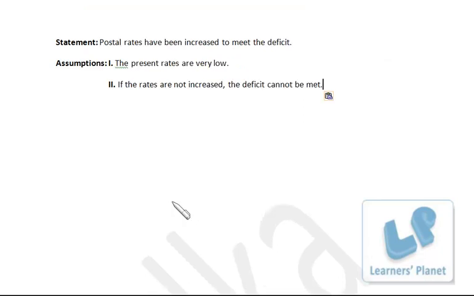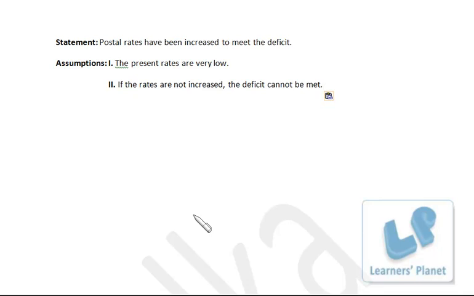Postal rates have been increased to meet the deficit. Assumption: the present rates are very low. See, if the price of any commodity is increased, that doesn't mean the existing price is low. We can take a very simple example of fuel, that is petrol or diesel, right? Even if the existing price is very high, still there is a loss.